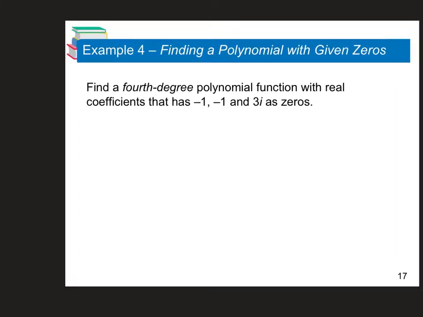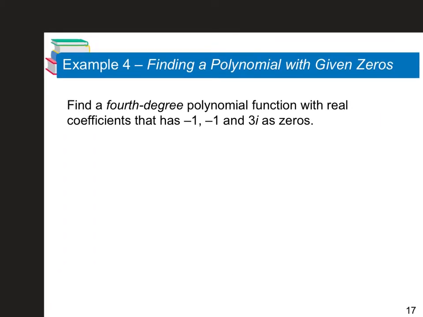So, in a problem like this, we're just going to do a bunch of examples right now. It says find the fourth degree polynomial for the function with the zeros -1, -1, 3i. Okay, these are the zeros. If I have a fourth degree polynomial, the highest exponent in my function should be what? 4.